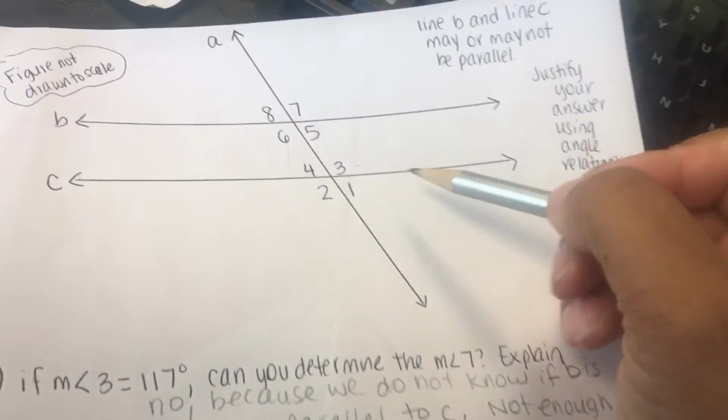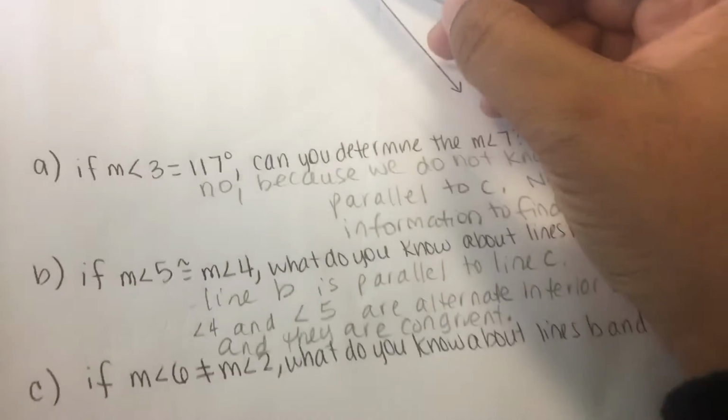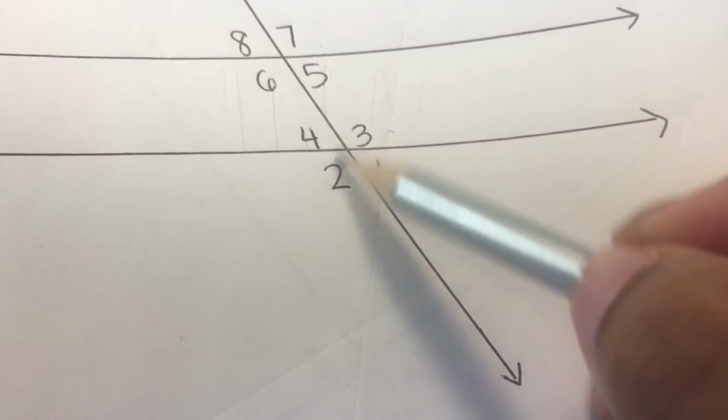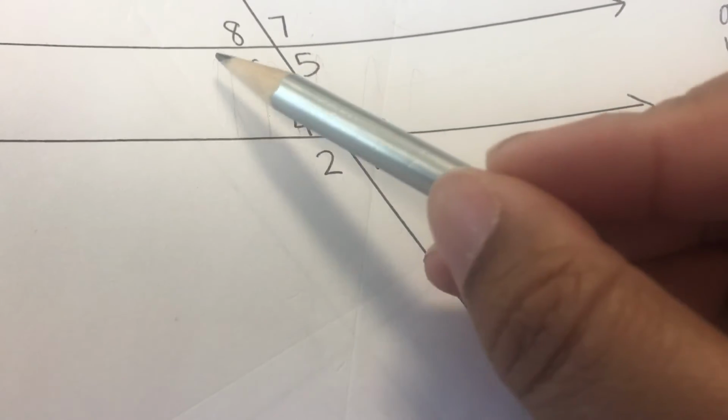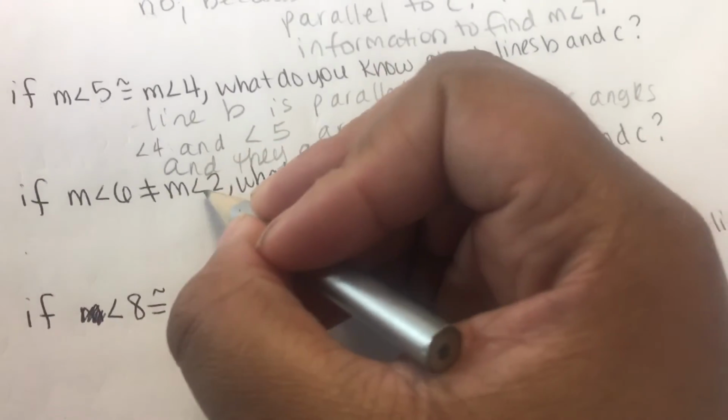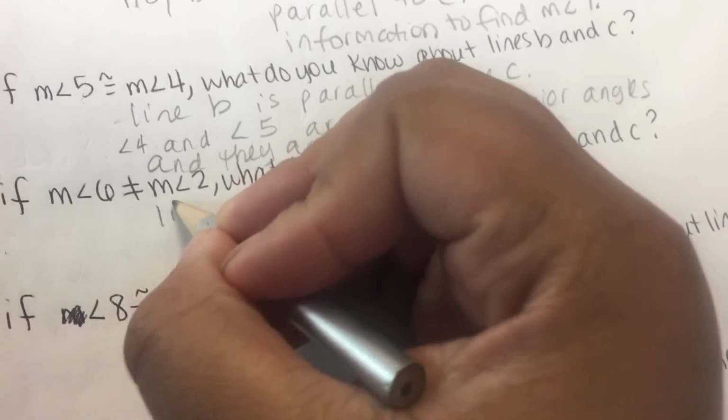Letter C says 6 does not equal 2. Angles 6 and 2 are supposed to be equal because they're corresponding. If they're telling you that they're not equal, that means they're not corresponding.